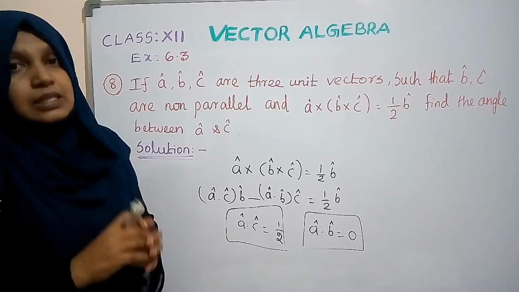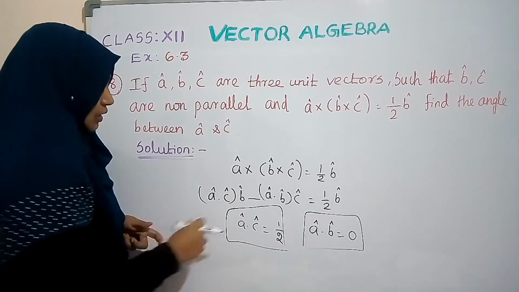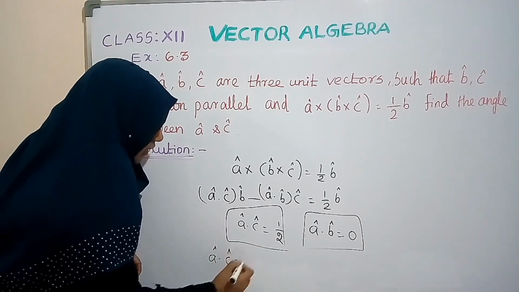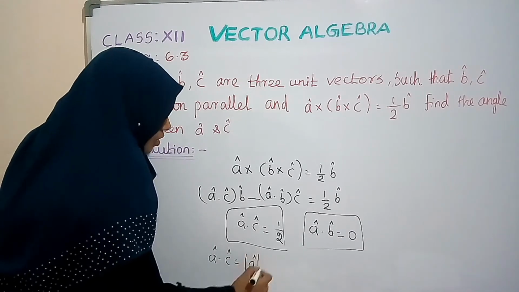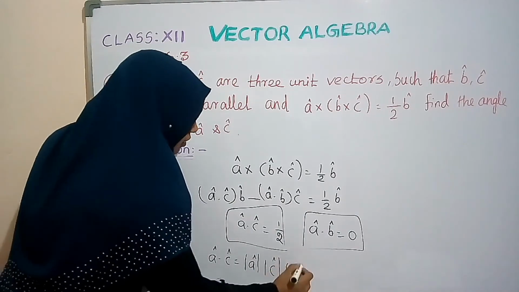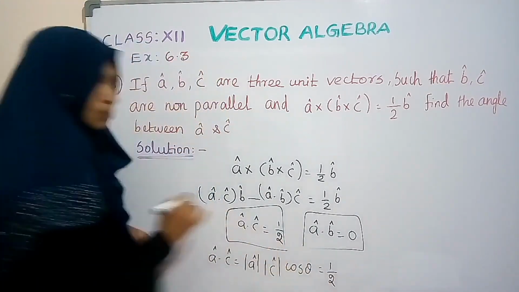I think in our last session we discussed the definition of the dot product, that is A cap dot C cap. By the definition it can be written as modulus of A cap into modulus of C cap into cos theta, which is our 1 by 2.